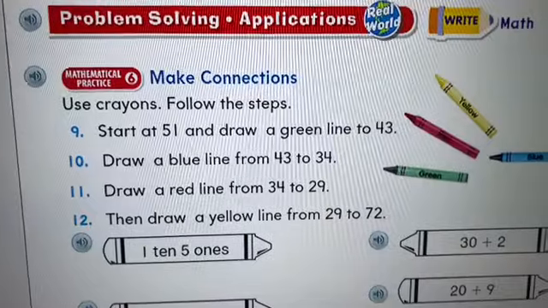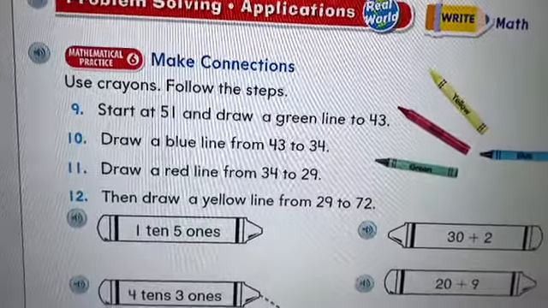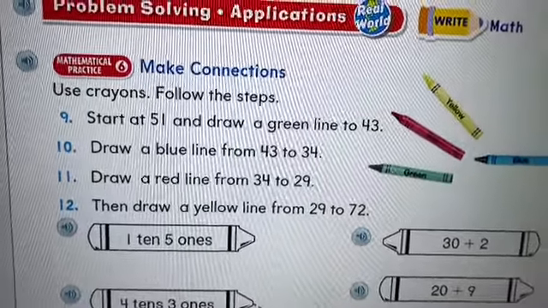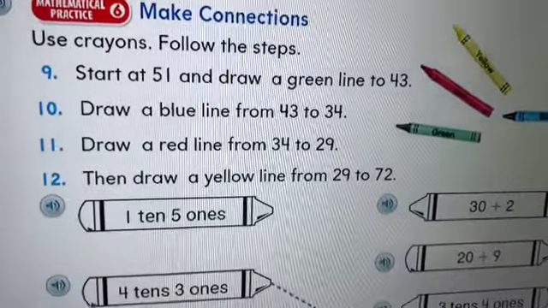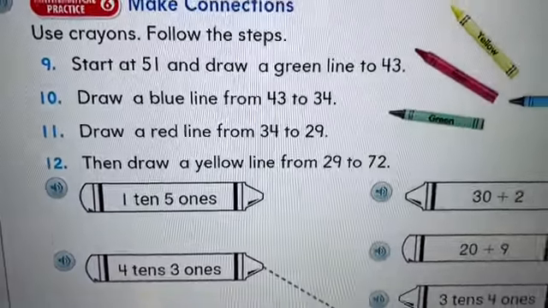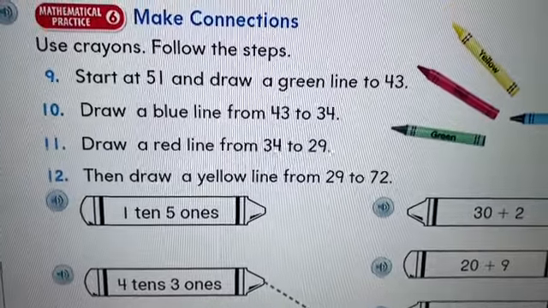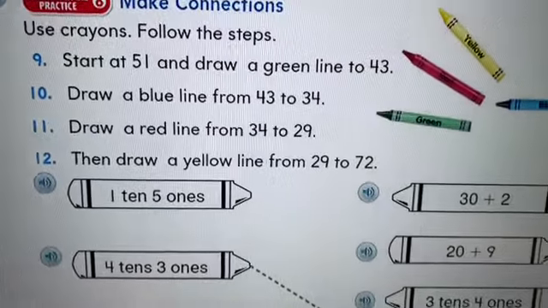So we're going to show you the rest of the pages, and once those pages come up on Schoology, you'll be set to go. It's 9 through 12. It says make connections. Use crayons to follow the steps. Okay, so number 9 says start at 51 and draw a green line to 43.